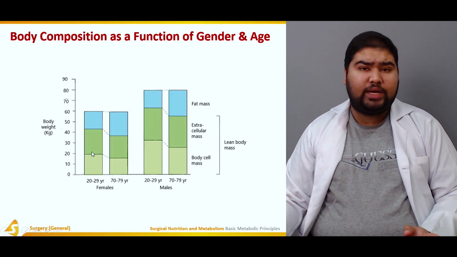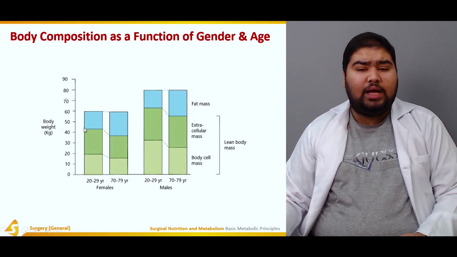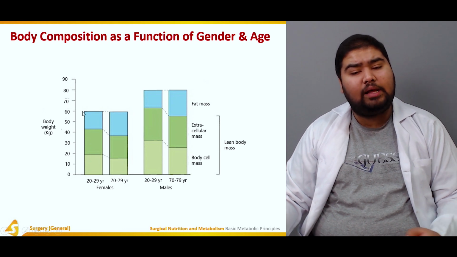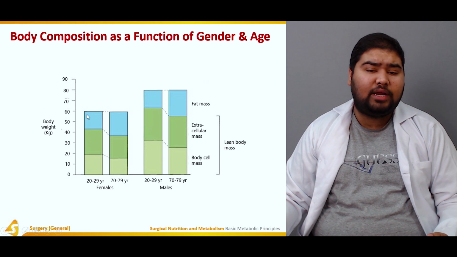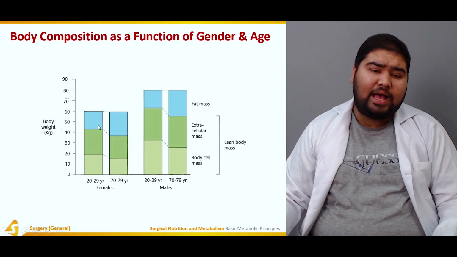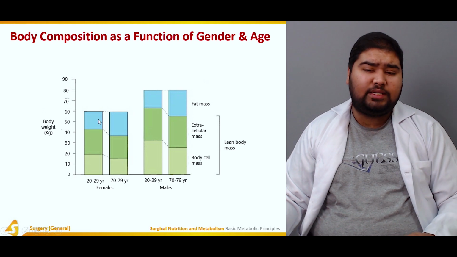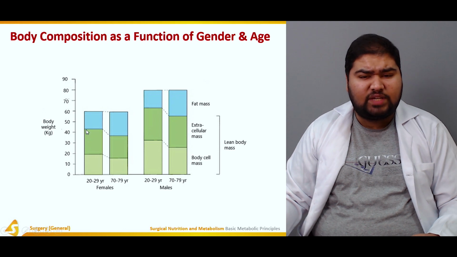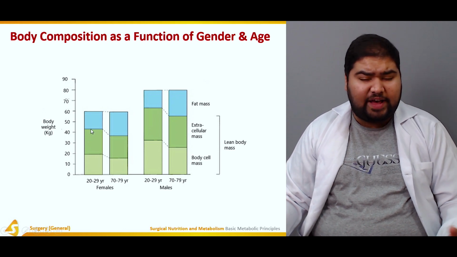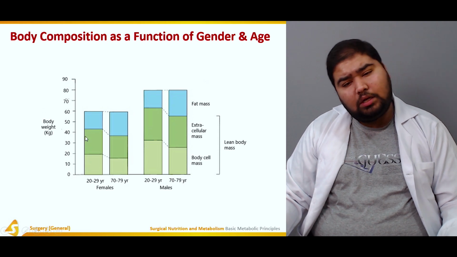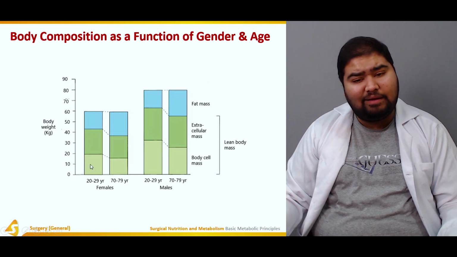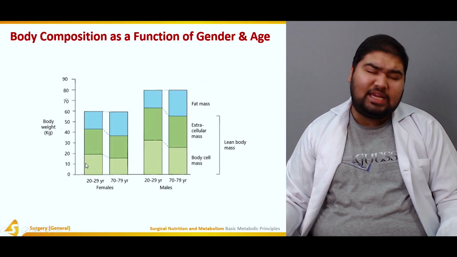Females between 20 to 29 years of age are about 60 kilograms in weight, and their body weight has been subdivided. Here you can see this blue figure. It's about 15 kilograms of fat mass. Then we have about 35 kilograms of extracellular mass, and finally somewhat 18 kilograms of body cell mass.